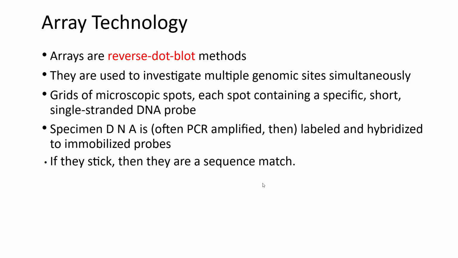Then we're going to inject our specimen DNA into all of these different spots on the grid. And if they're a match, they'll stick and produce a signal in that spot. And then that signal can be detected. So this allows us to detect a lot of different, very specific sequences that are present.